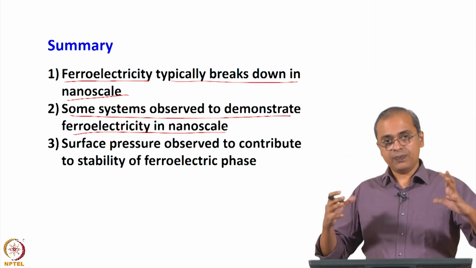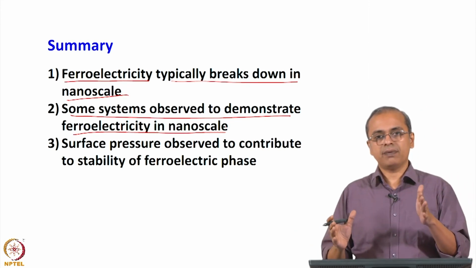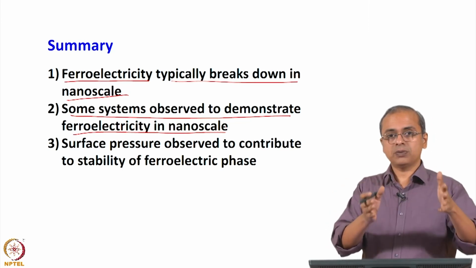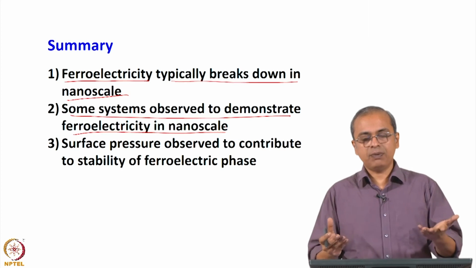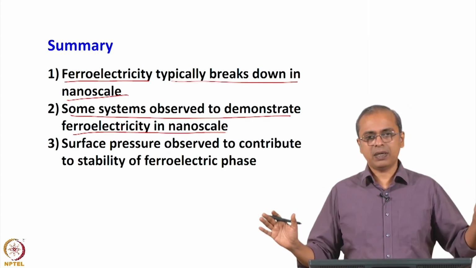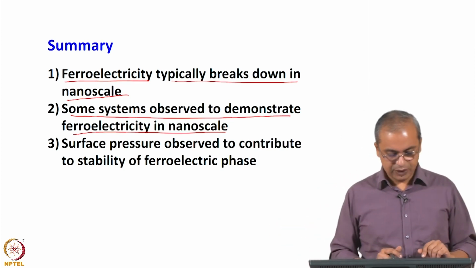And we found that there is a lot of application to this ferroelectricity in the nanoscale, at least with respect to two major technologies that we would be interested in, data storage and displays, both of which we extensively use in the modern world today.